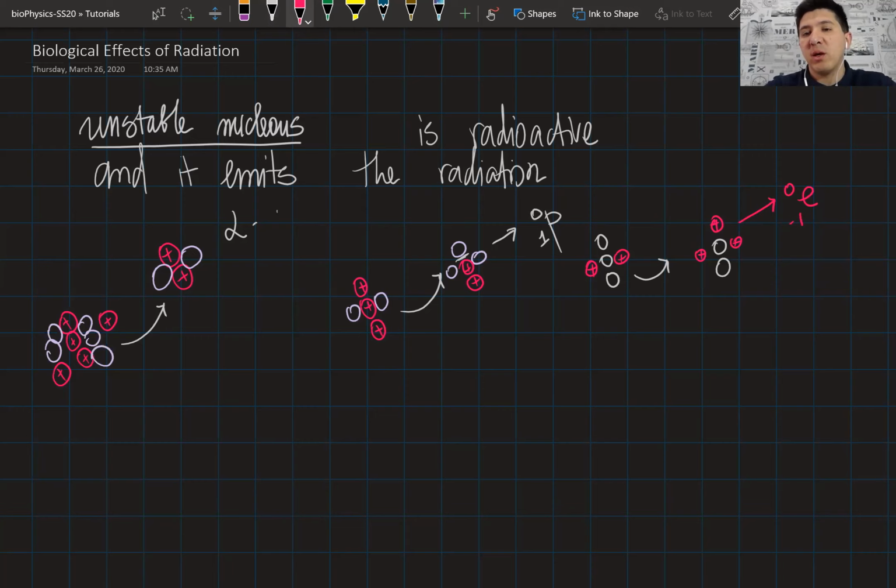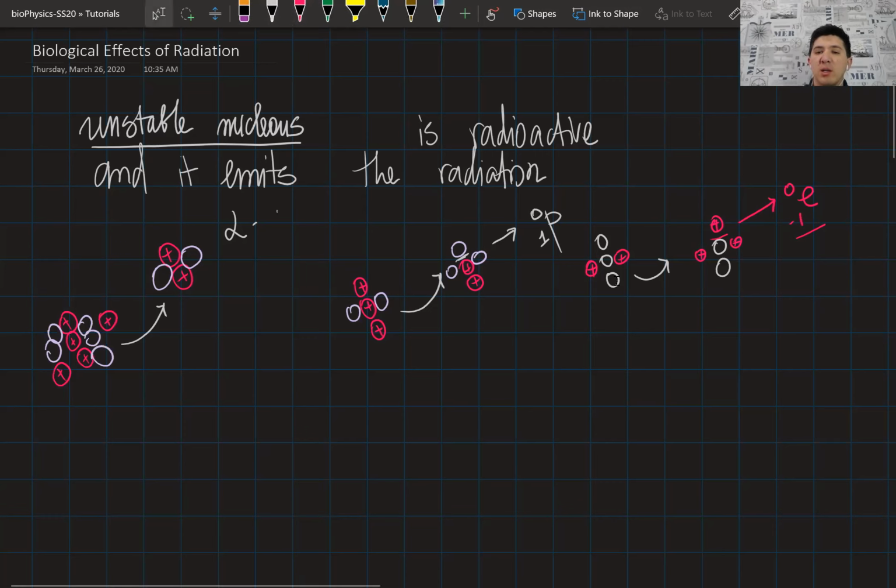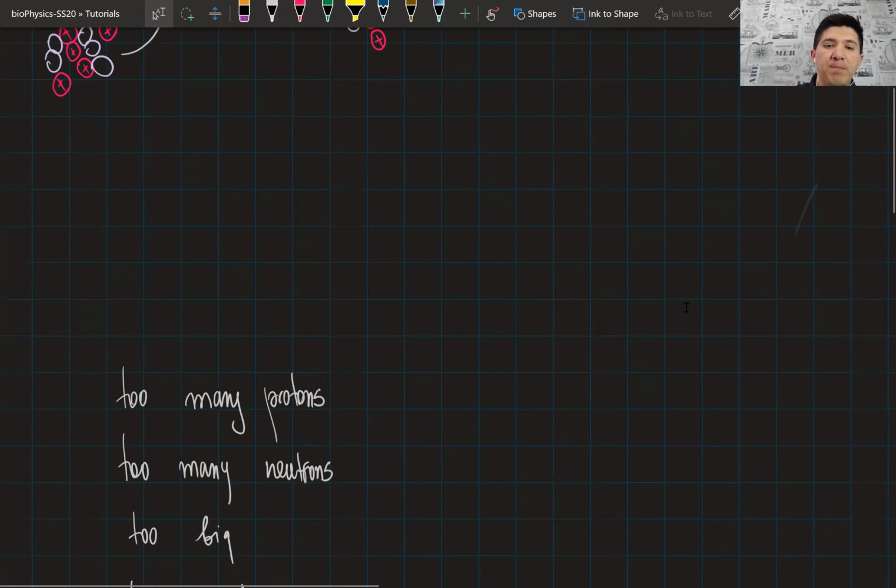So the proton in combination with the electron is going to give us the neutron. And there is a third type of radiation, when it emits gamma photons, highly frequent gamma photons.